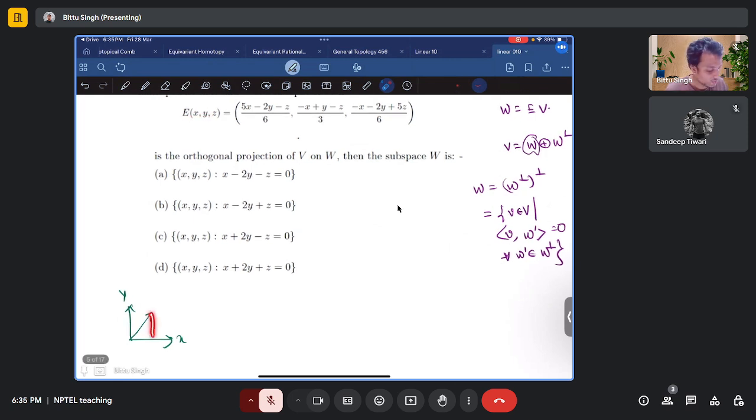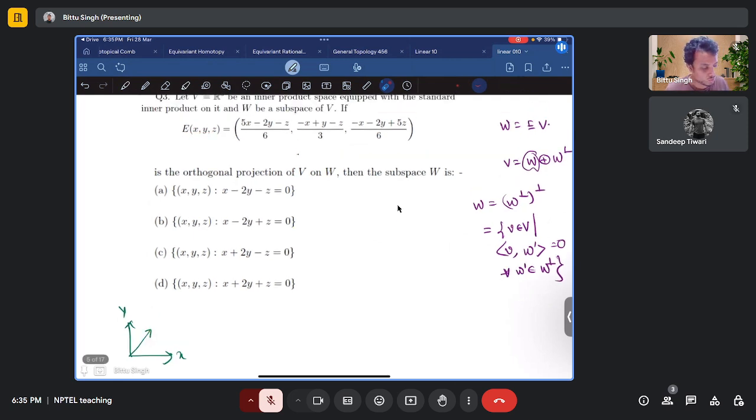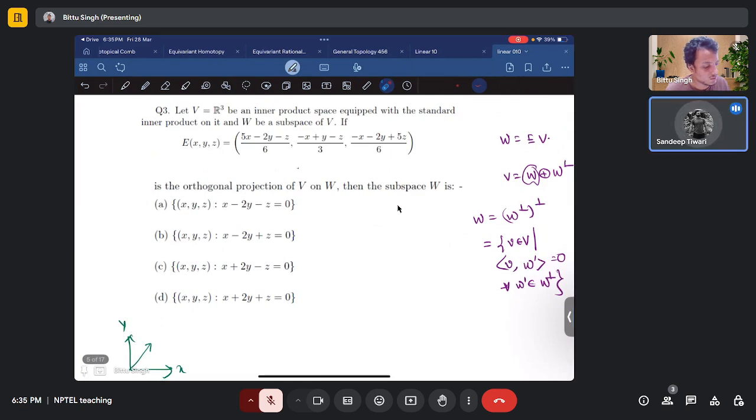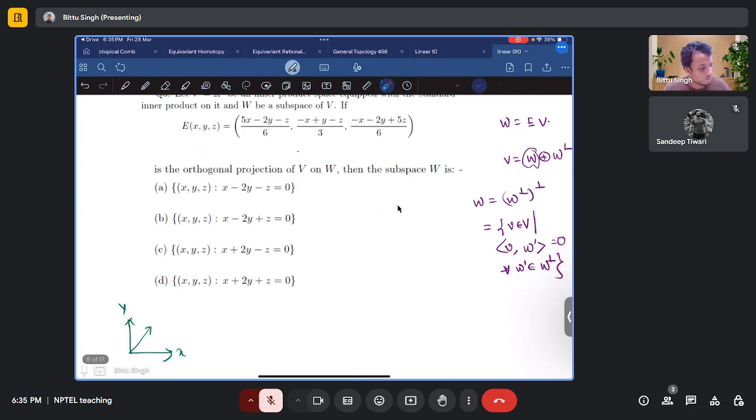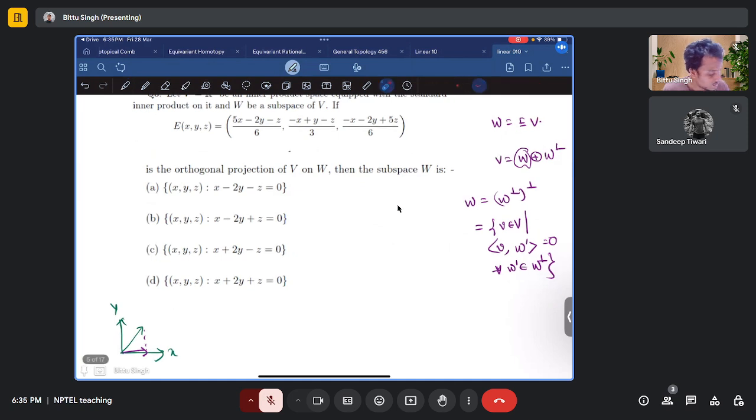Yes, sir. So actually the orthogonal complement can be thought of as the null space of the projection operator. This is the orthogonal complement, this direction, and it is actually the null space of this operator, because what you are doing is projecting this thing onto this. So if something is in the direction of y, that goes to 0.